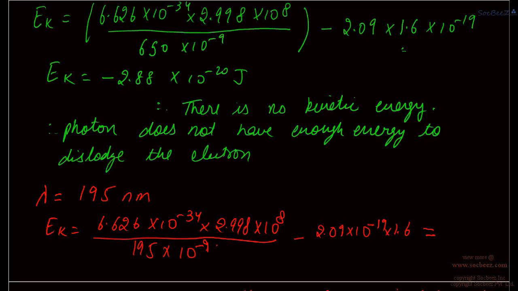So here we'll get the value of Ek as 6.84 into 10 raised to the power minus 19 joules.